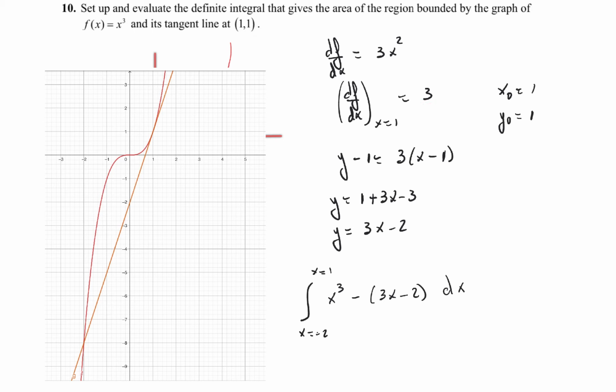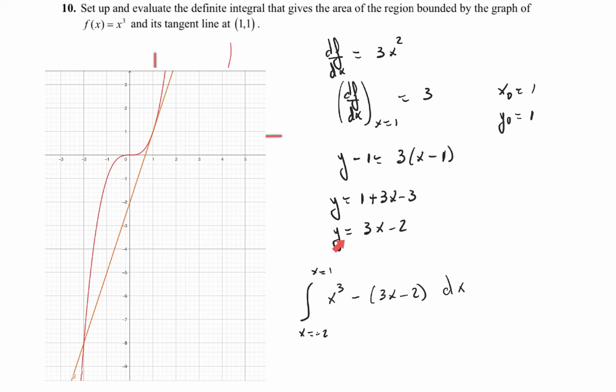Okay. What is the rectilinear line that is tangent at the point x equal 1 of the graph x cubed? The rectilinear line is y minus y0 equal m, the slope, multiplied by x minus x0. So the equation of the rectilinear line is y minus 1 equals 3 times x minus 1. So y will be 1 plus 3x minus 3, or in other words, y of x will be 3x minus 2.